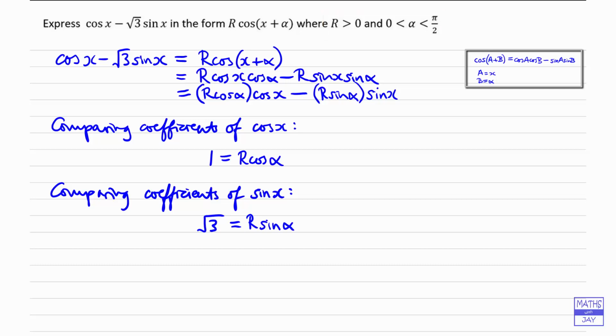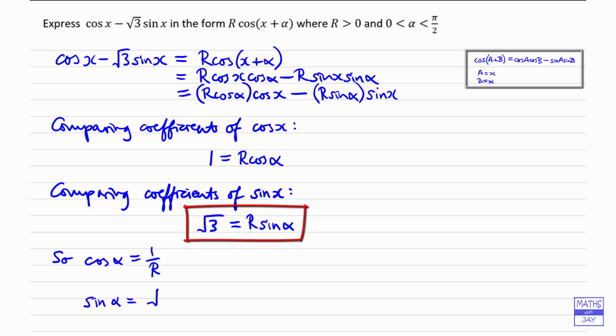Right, so what we can do next is write both cos alpha and sine alpha in terms of r. Looking at the first equation, if 1 is equal to r cos alpha, then cos alpha is 1 over r. And the second equation gives us that sine alpha is root 3 over r.